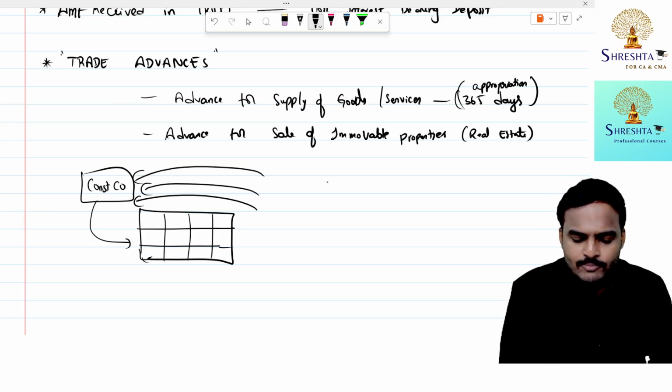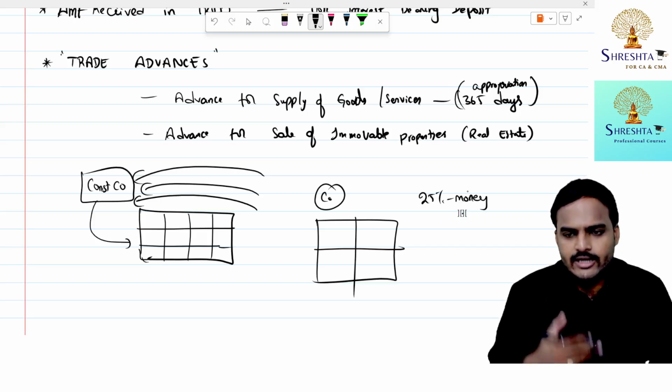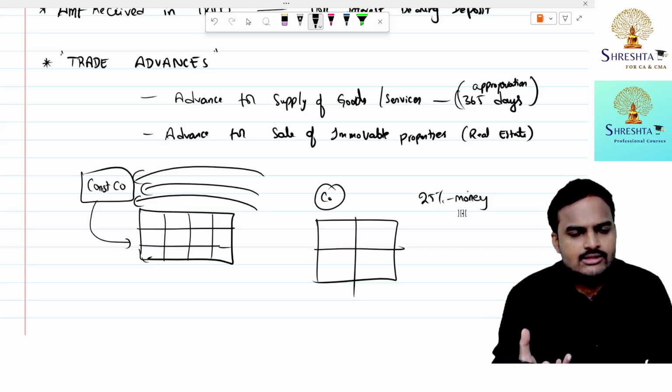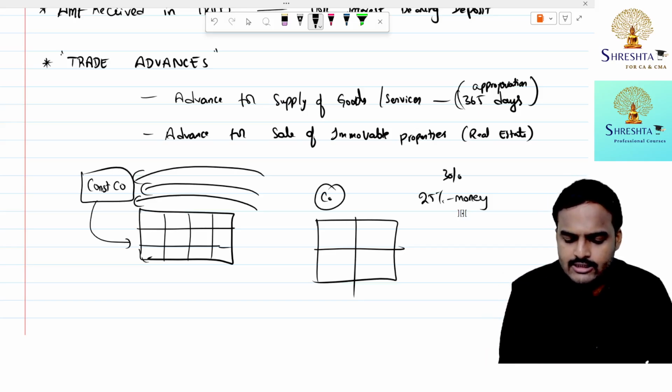Second point, suppose a company wants to sell a property. It received 25% of the sale consideration in advance in this year. Next year, they're planning for sale registration. For example, they received this money on 30th March.